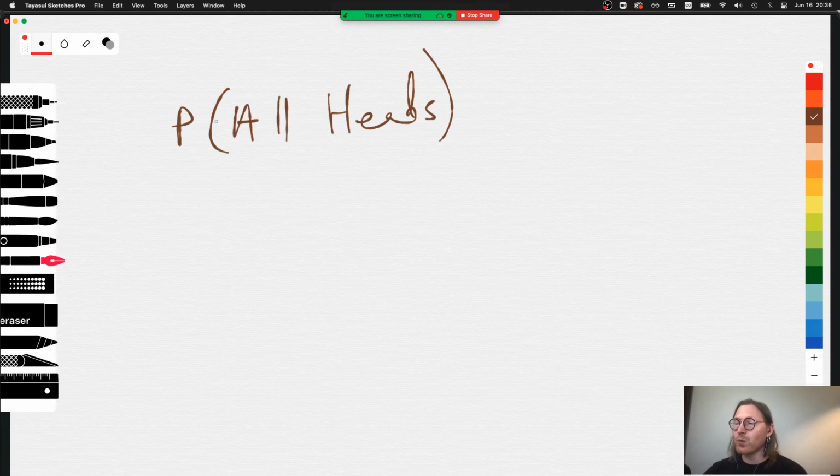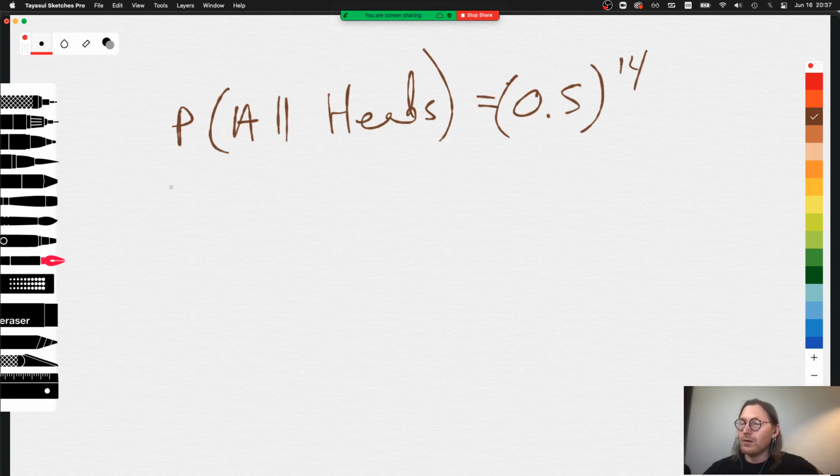That's what we're doing with the probability of all heads. If we think about it in 14 heads, this is just 0.5 times 0.5, 14 times, or more succinctly, 0.5 to the 14th power. The probability of no heads or all tails would be the same thing.